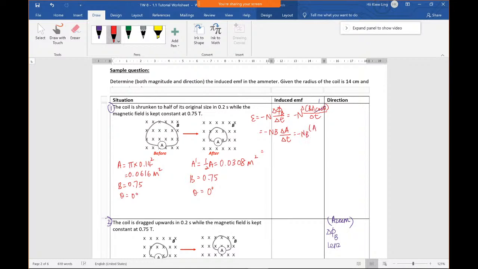This is A prime minus your A. B is 0.75, A prime is 0.0308. Divide by time, which is 0.2 seconds. So you get 1.155 volts.